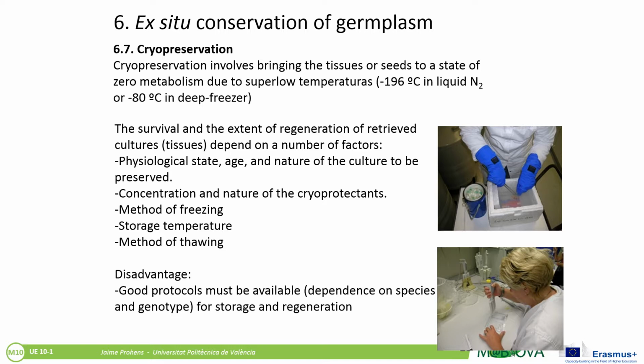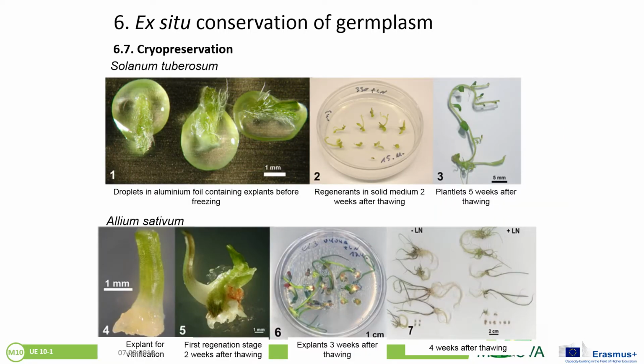A disadvantage of cryopreservation is that good protocols must be available, and these depend on species and genotype, for an adequate storage and regeneration. Here we have some examples of cryopreservation in potato, Solanum tuberosum, and in garlic, Allium sativum.